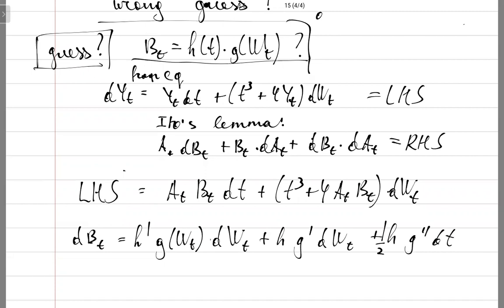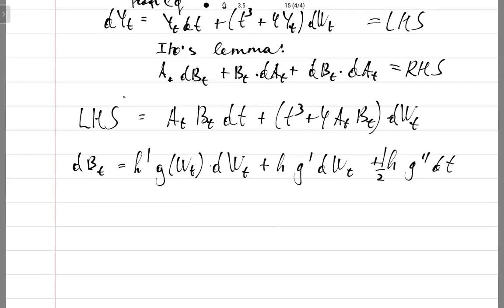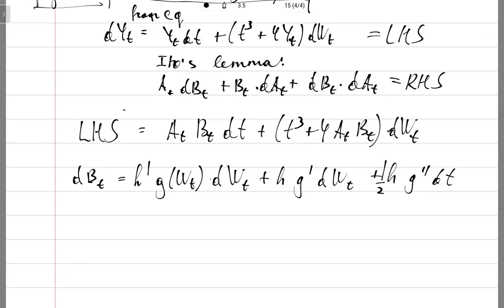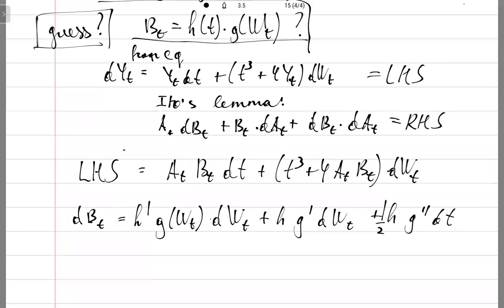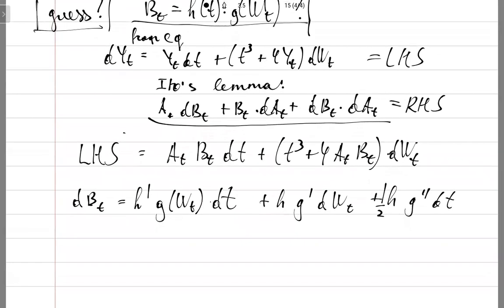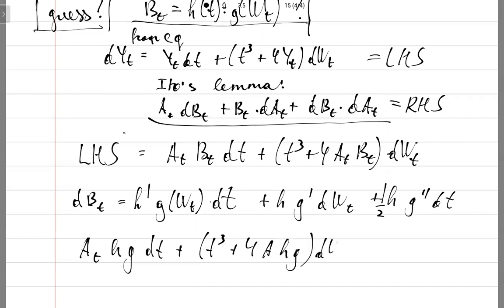And if I plug in here, I will have AT BT hg dt plus t cube plus 4a hg dWt.